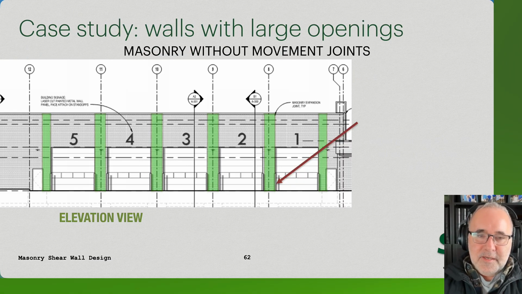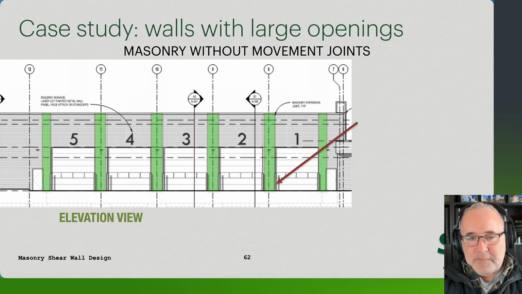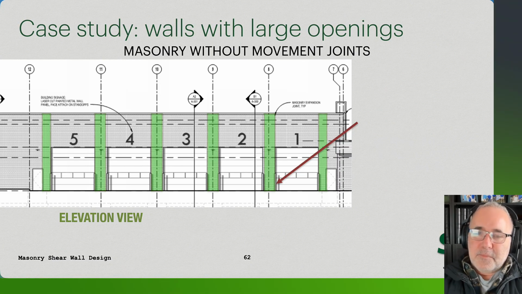If we have large dock doors, maybe a fire station, maybe dock doors on a building, or maybe this is just a series of large windows on a building, we can move movement joints away from these elevations.